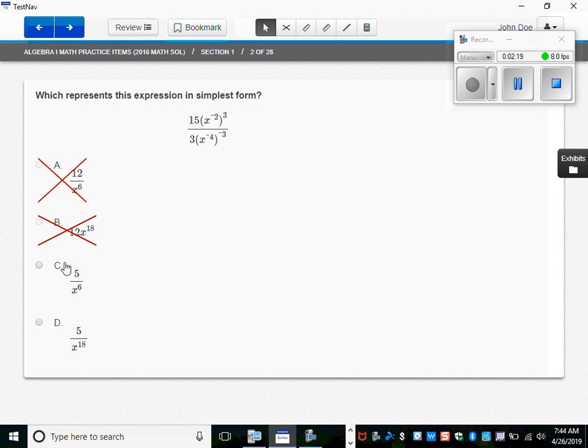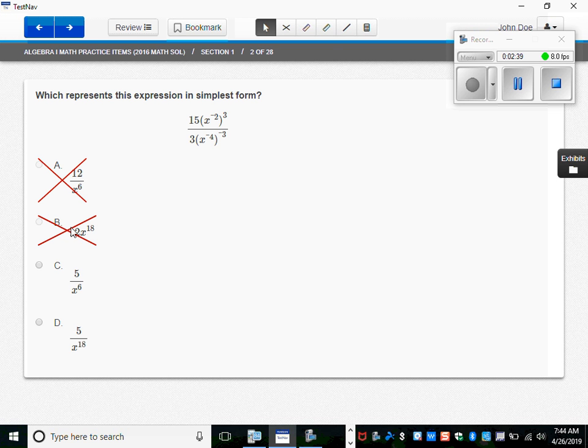Okay, it has 12. So what they're trying to catch you on is saying, well, these students probably know that you're supposed to subtract exponents when you are dividing, so they're thinking you're going to also subtract the big numbers, and that's why they got 12.